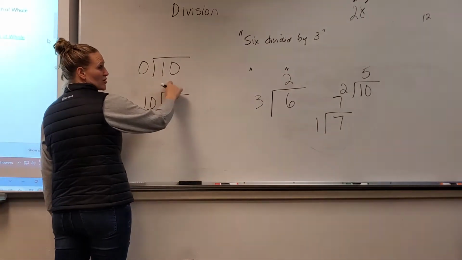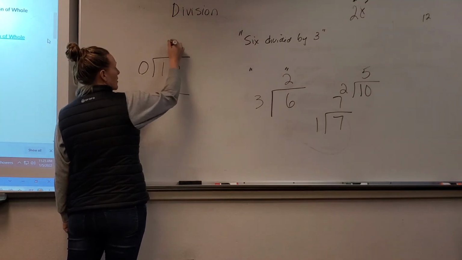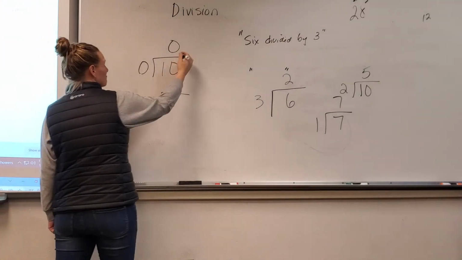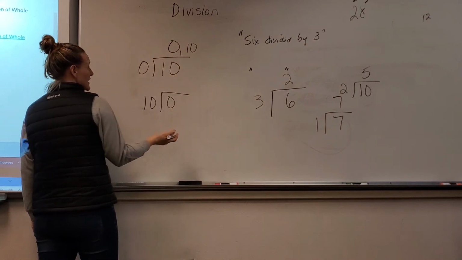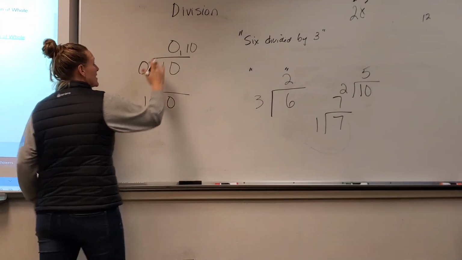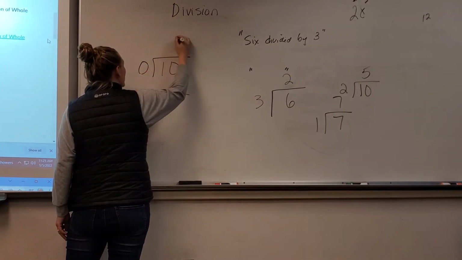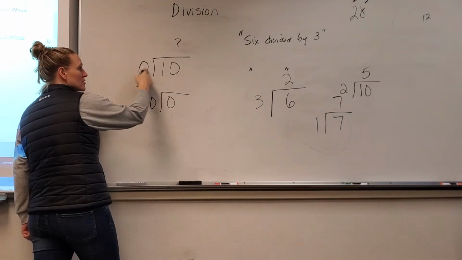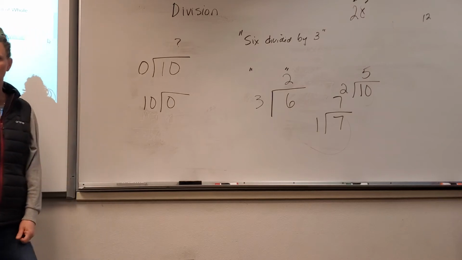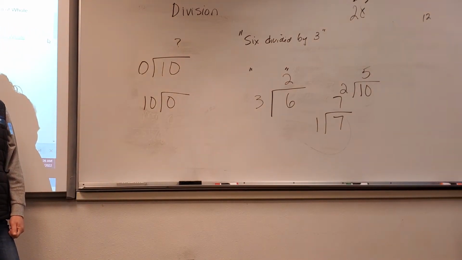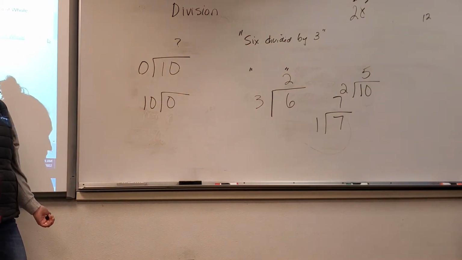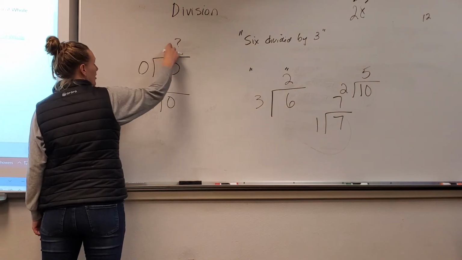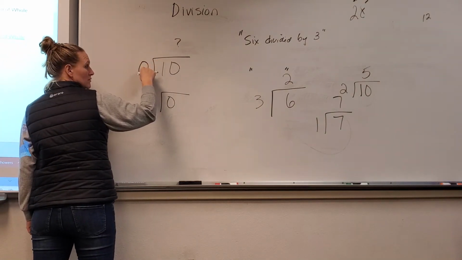If I put an answer up here, can I put any number up here that will multiply by 0 to give me an answer of 10? No. Right? If I put 0 up here, 0 times 0? 0.